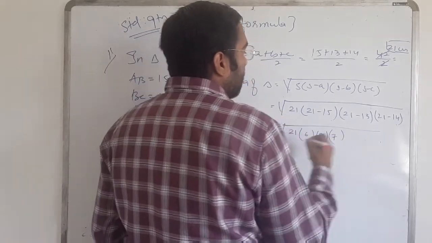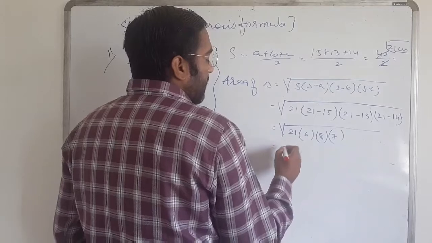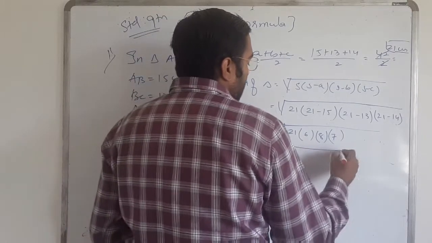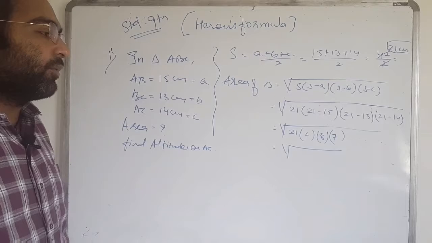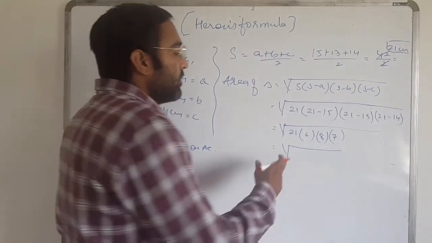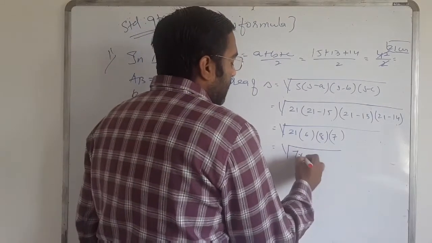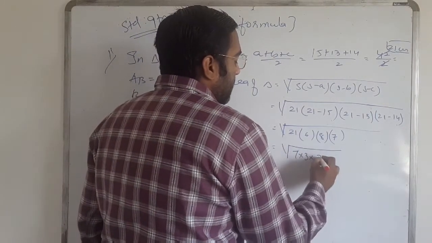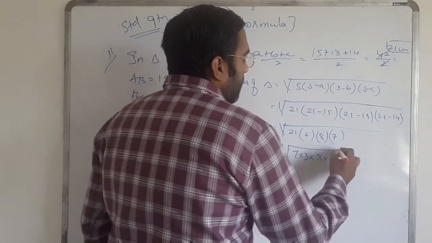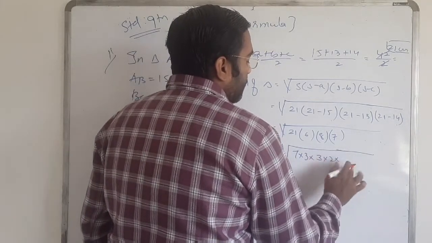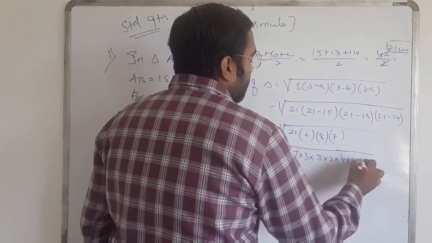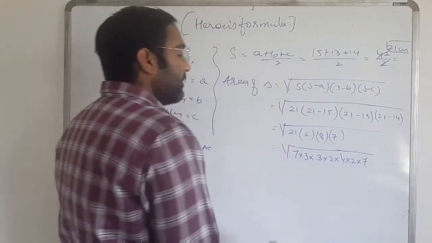Now we will split these numbers and factorize them to take out the square root. So 21 is 7 into 3, 6 is 3 into 2, 8 is 4 into 2, and 7 is as it is.